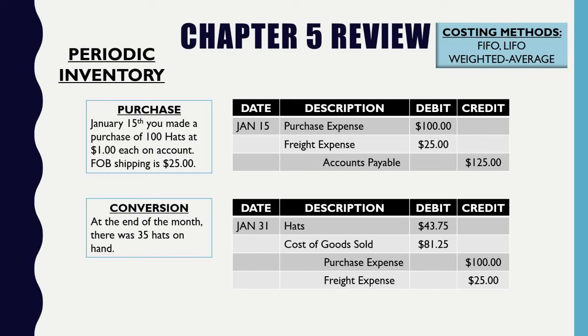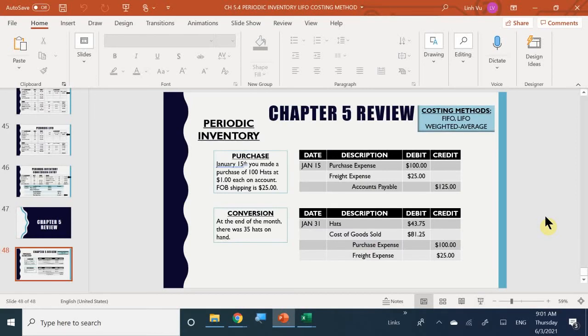So once again, we recognize how to journalize our transactions and how to complete a conversion entry. When we get to 5.5, there is a slide that gives you a summary of all of the different methods, so we'll wait till then.